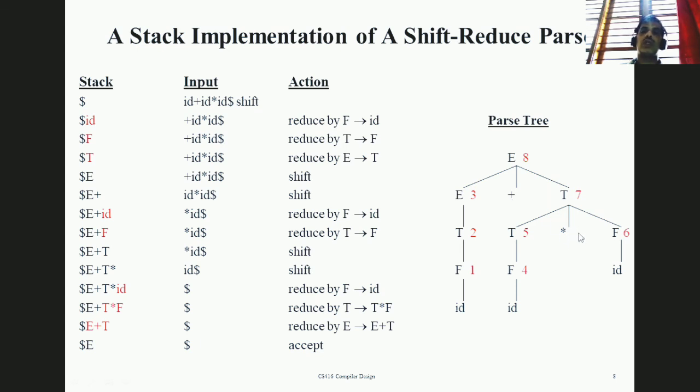So we pushed star onto the stack. After that, we pushed ID onto the stack, and ID has been replaced by F. After this, we converted T star F to T. Once we get T, we converted E plus T into E. That's how you generate the parse tree from bottom to top, in reverse order.